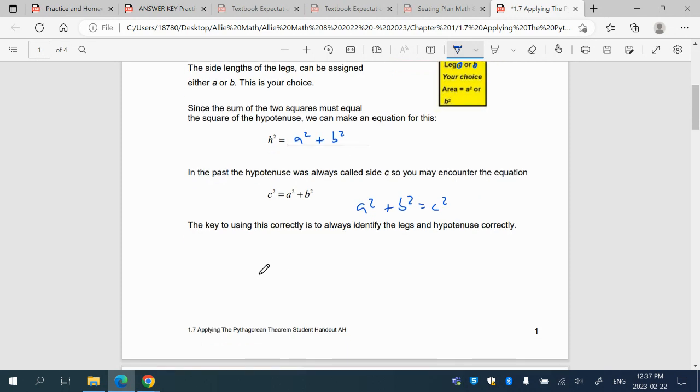So we've seen this in some of the questions that we've done. Sometimes we're solving for h, and sometimes we already have h and we're solving for one of the legs. So it's really important always to identify which of the sides is our unknown.